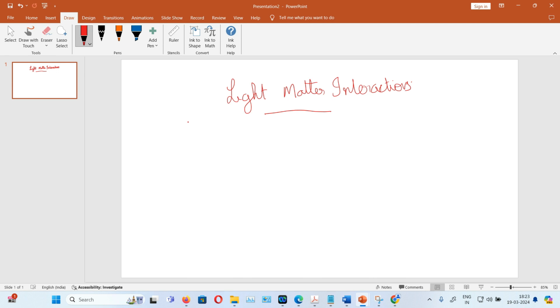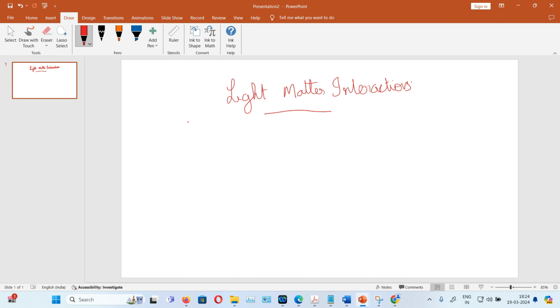First we will deal with the light matter interaction which we see in the normal world, like what happens when light interacts with some particles. First we will check what happens when light interacts with an opaque particle. What is an opaque particle? An opaque material is a material which will not allow light to travel through it.